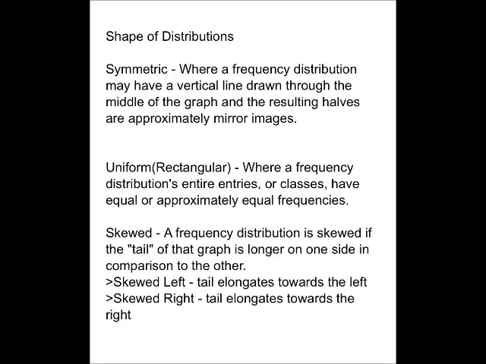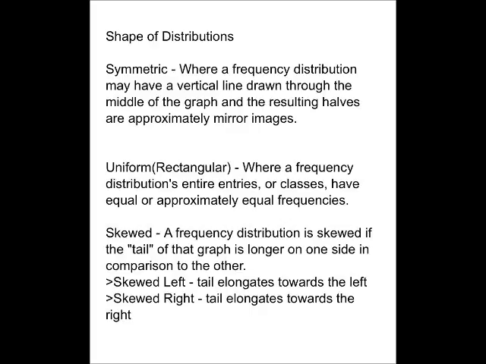Here we have the shape of distributions. In a symmetric shape, a frequency distribution may have a vertical line drawn through the middle of the graph, and the resulting halves are approximately mirror images. In a uniform or rectangular shape of distributions, a frequency distribution's entire entries or classes have equal or approximately equal frequencies.